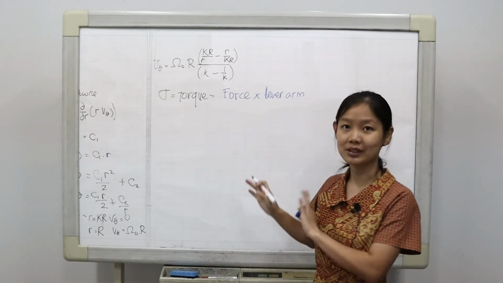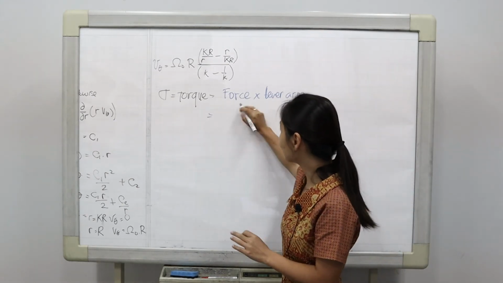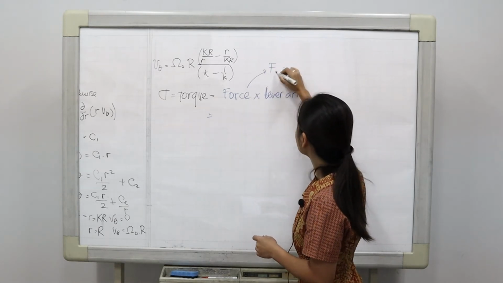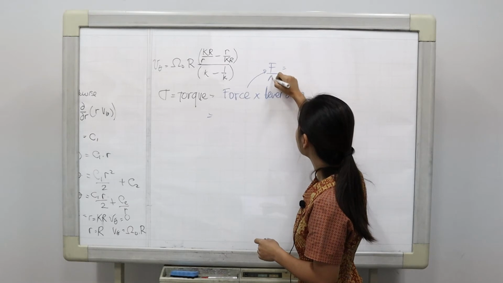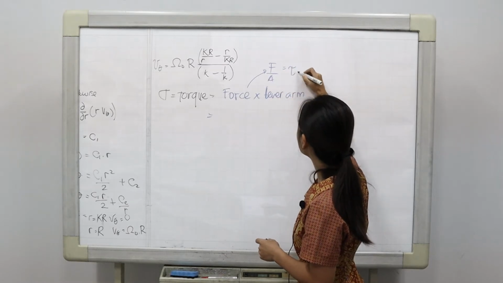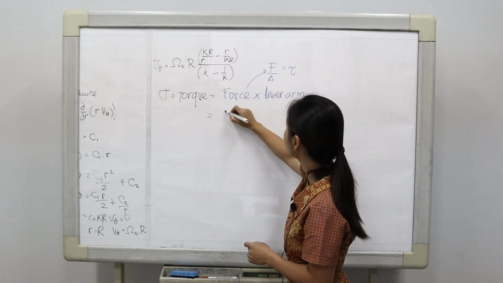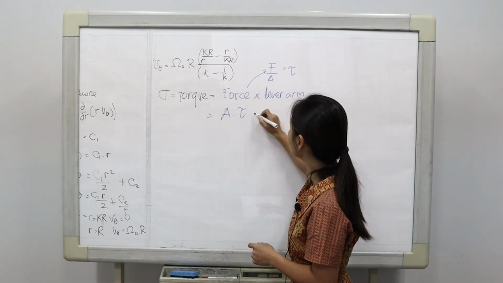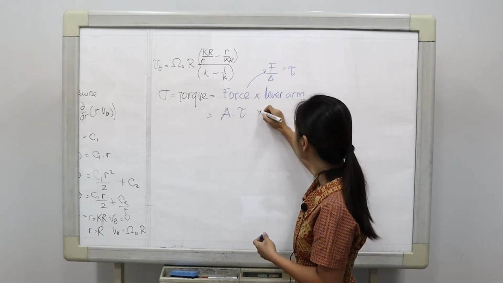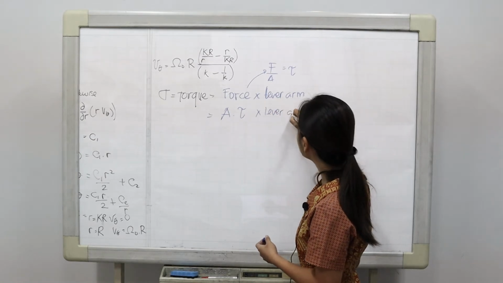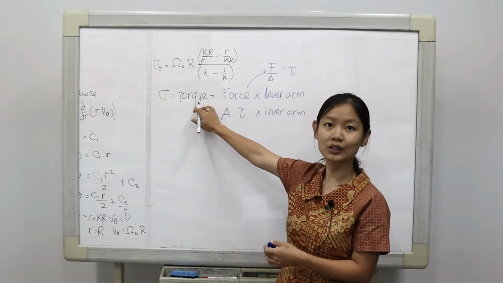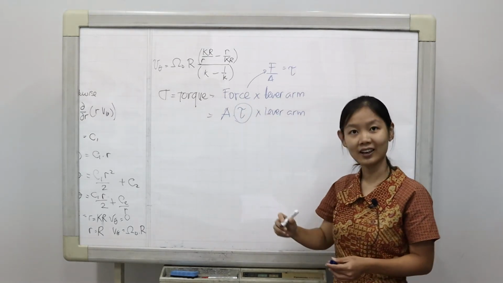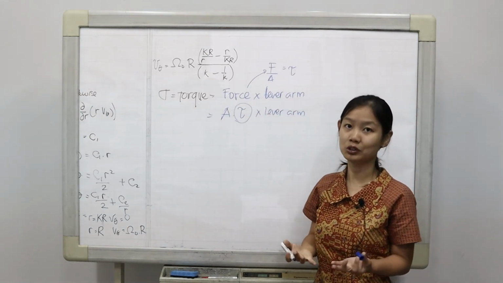The force comes from F divided by A equal to tau, so the force is the surface times the shear stress. So to get the torque, we need to know what tau is, the momentum flux distribution.